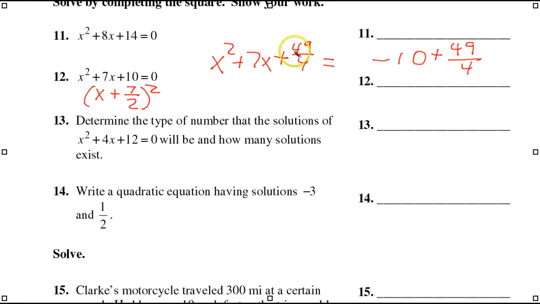Square this, we get 49/4 that we add to both sides. So there we are. This will be this. And then we just have to make this with a denominator of 4. So that becomes 40. A negative 40/4, this will become 9/4.